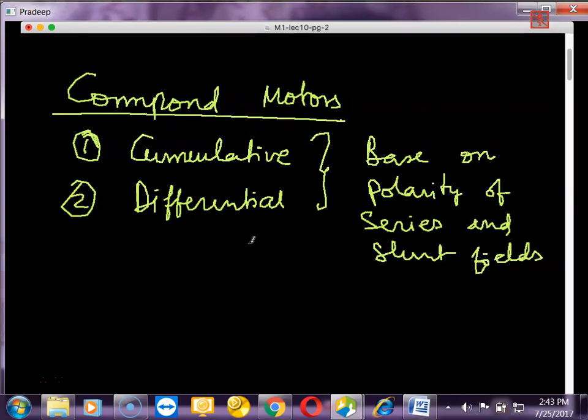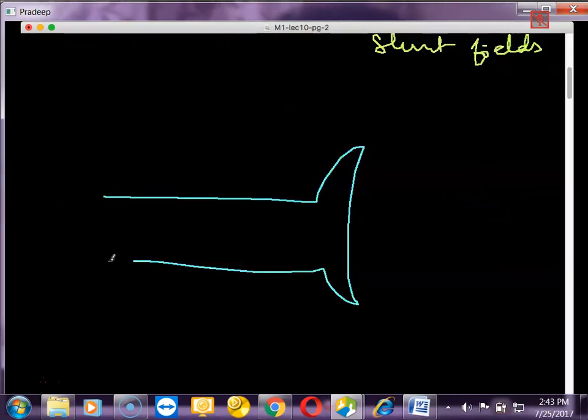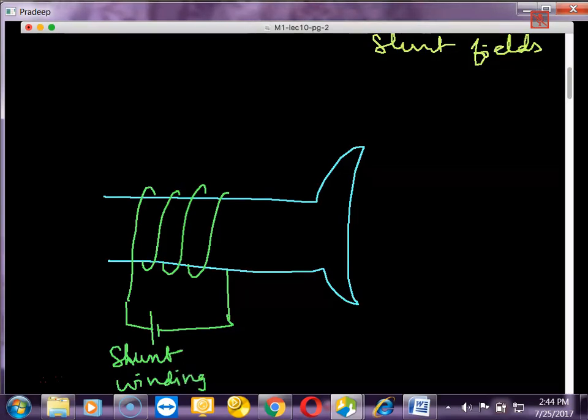For example, if you look at this, now you have the shunt winding. Then we have a series winding.